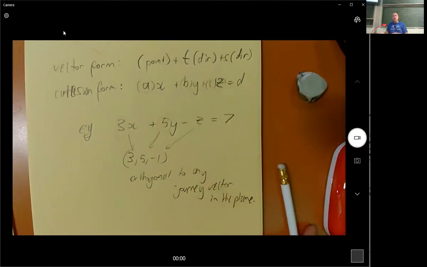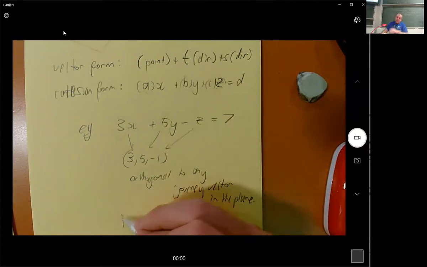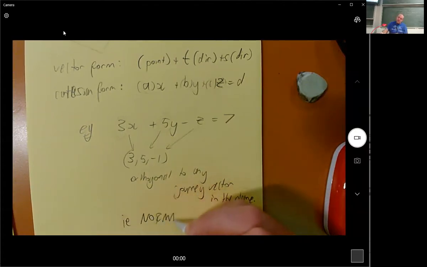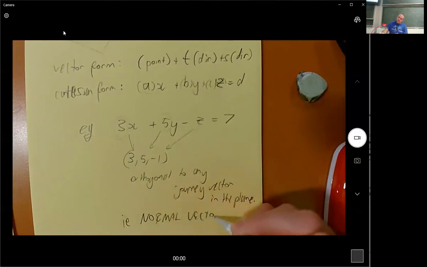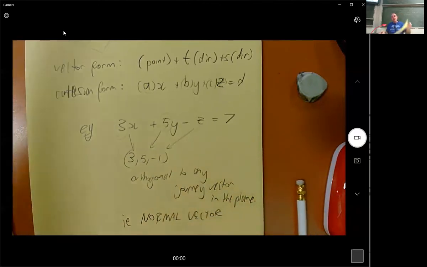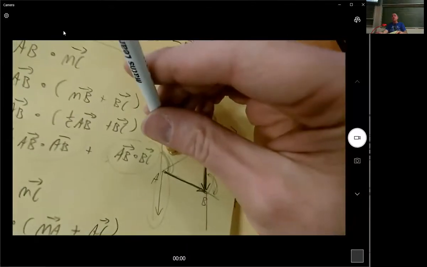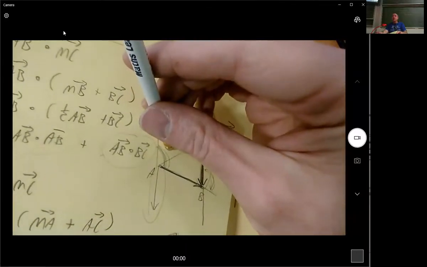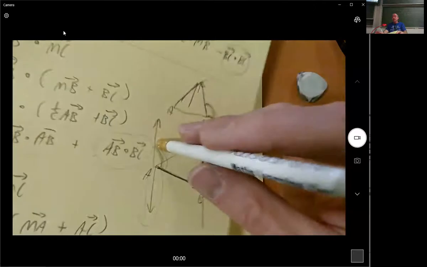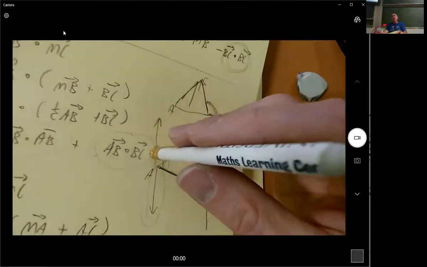And that idea of a vector being orthogonal to every vector that lives in the plane is called being the normal vector. So with a plane like this, it is possible for a vector to be perpendicular to some of the vectors in the plane, but for it to be perpendicular to all the vectors in the plane, it has to be perpendicular to the whole plane.